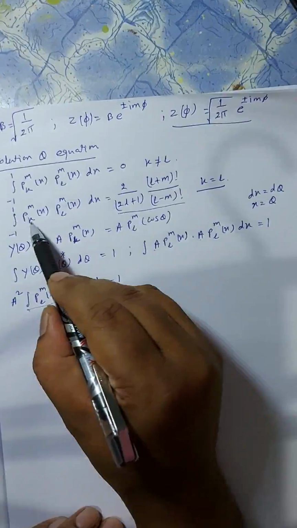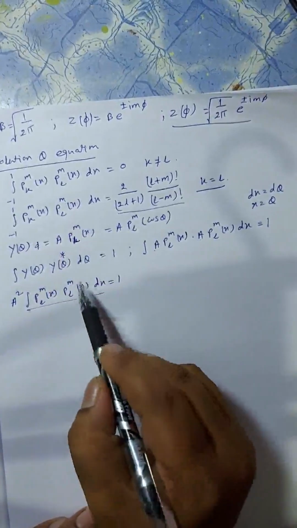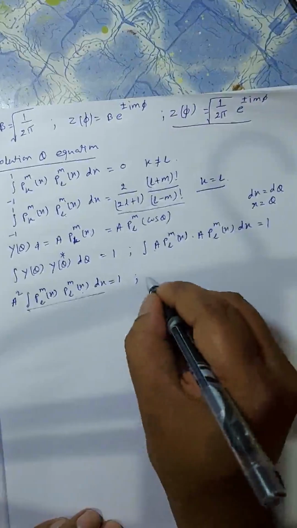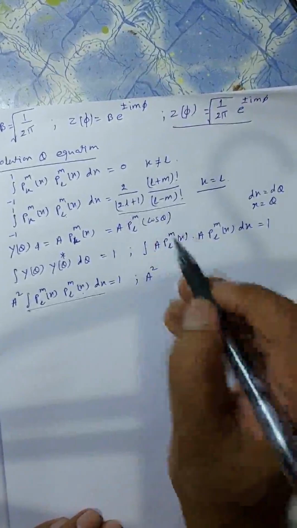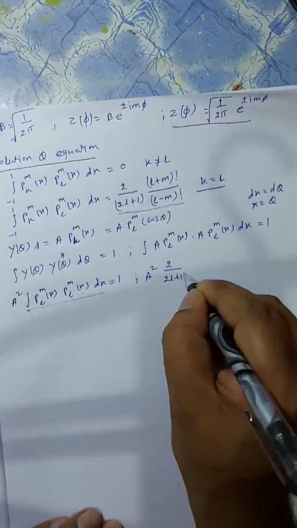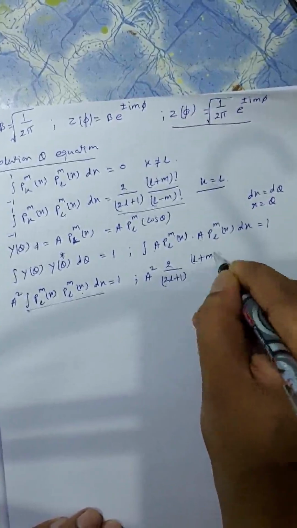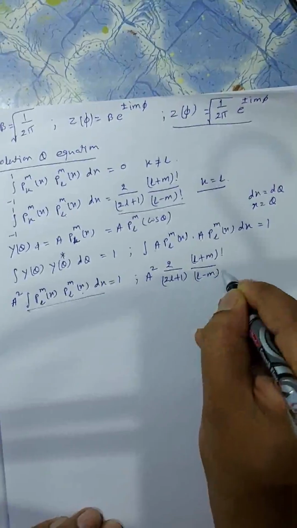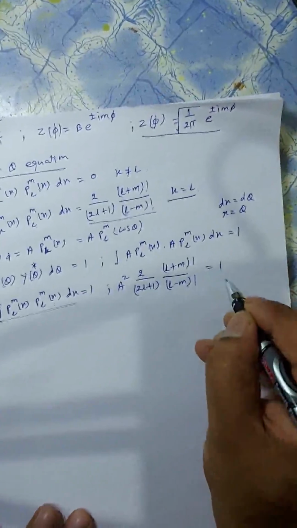Now this value we have to put here. Then a squared, in place of this we write this value, 2 by (2l plus 1) times (l plus m) factorial divided by (l minus m) factorial, is equal to 1.